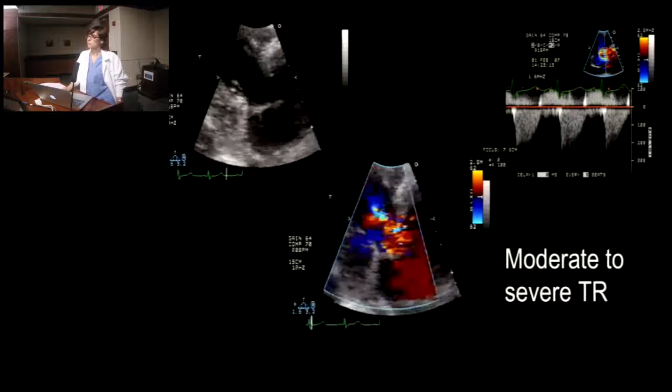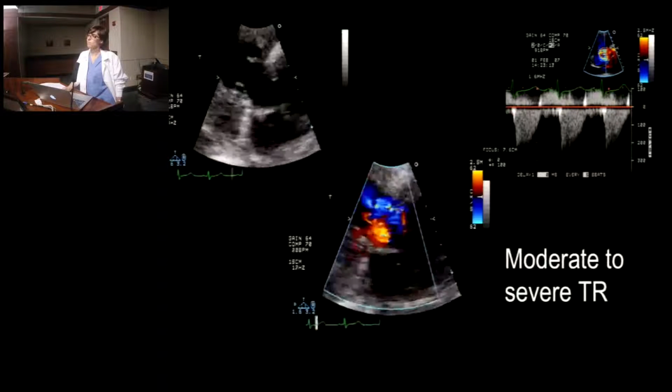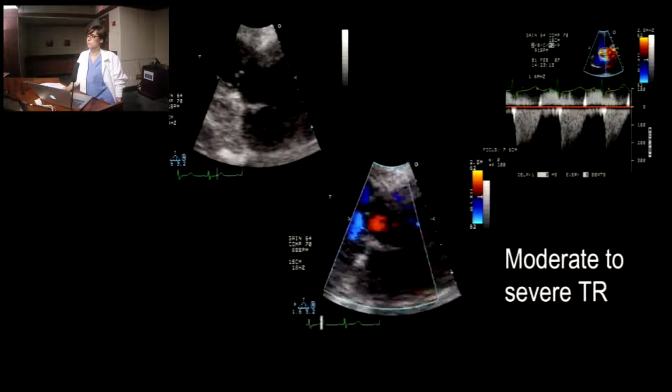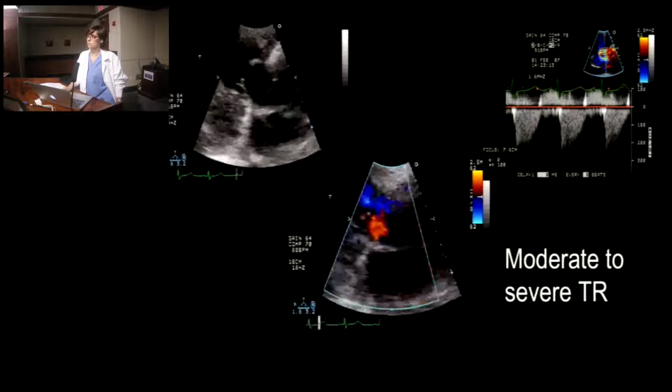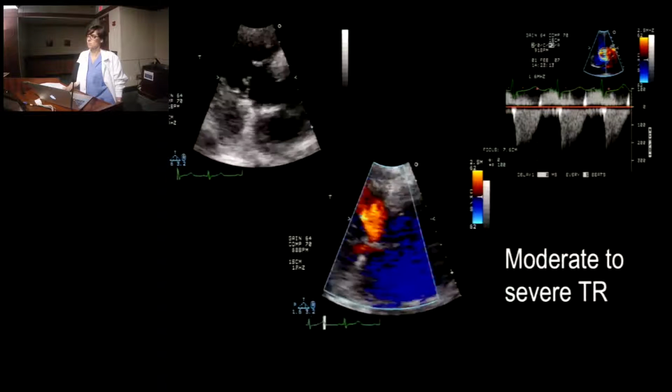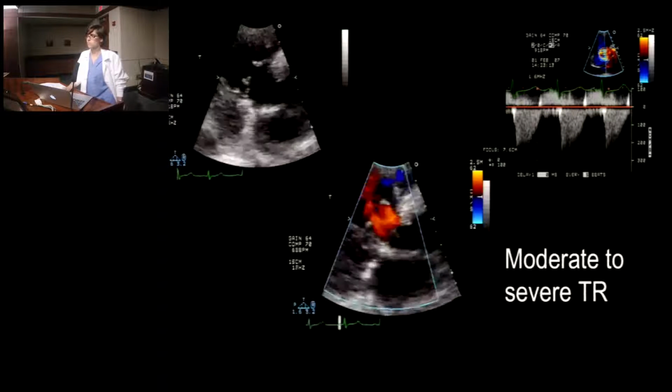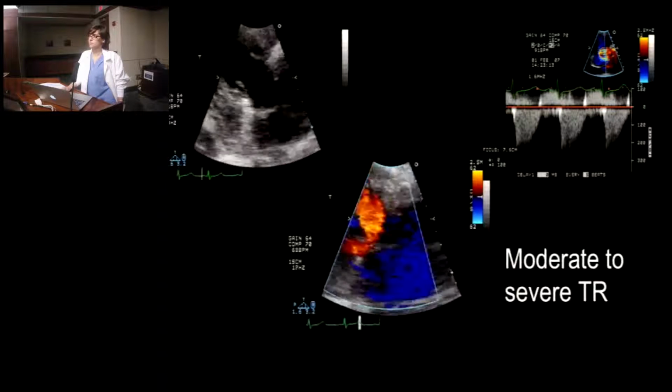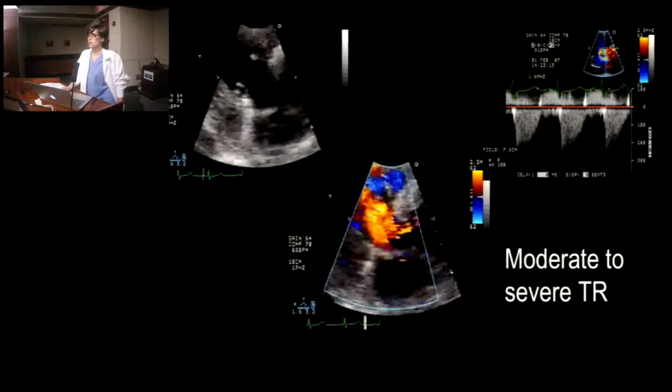Interestingly enough, throughout your presentation, the two clinical questions that always came back are tachyarrhythmia and hypertension. Nothing about truly severe tricuspid regurgitation.